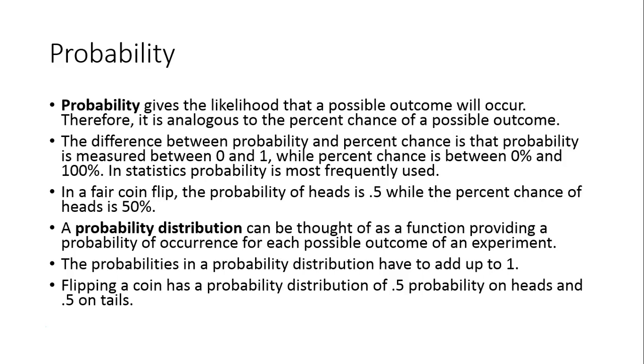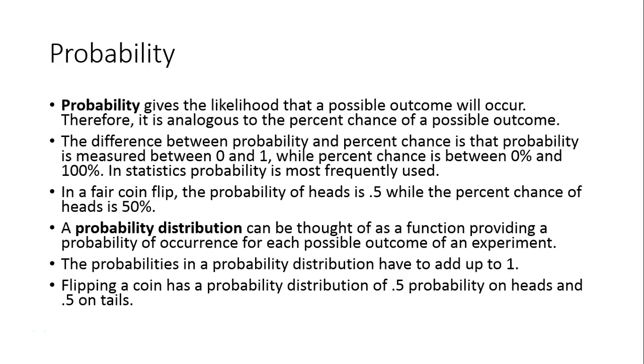Then a probability distribution can be thought of as a function providing a probability of occurrence for each possible outcome of an experiment. The probabilities in a probability distribution have to add up to 1, just so you know.